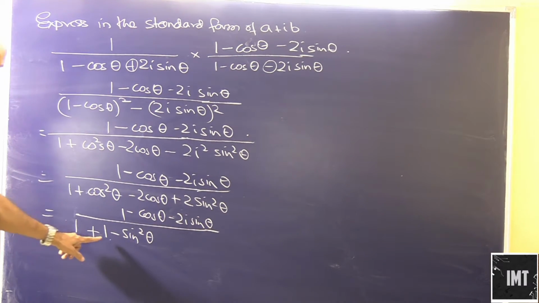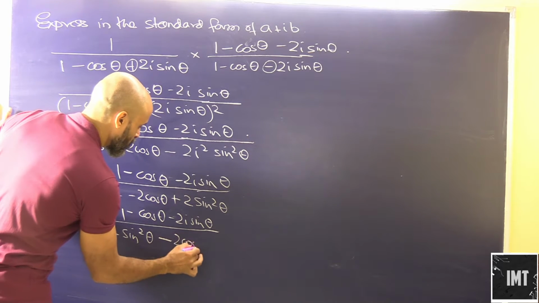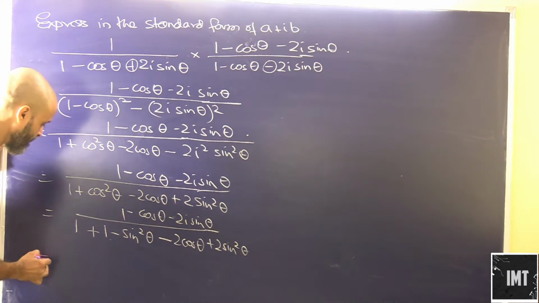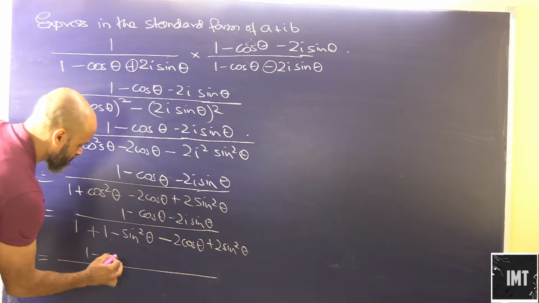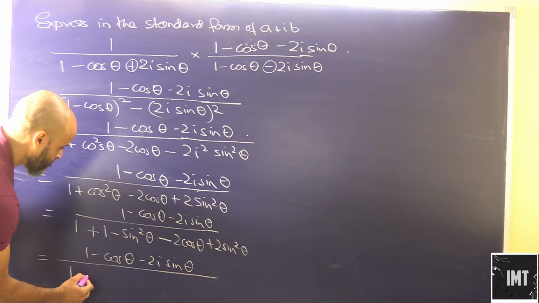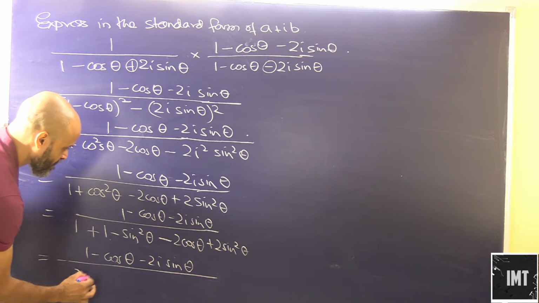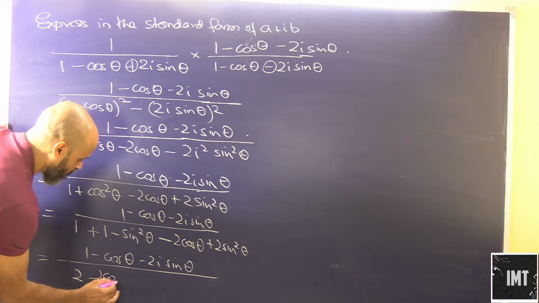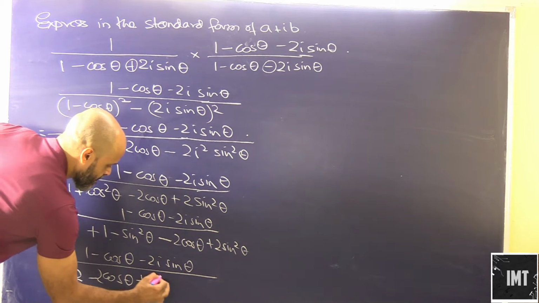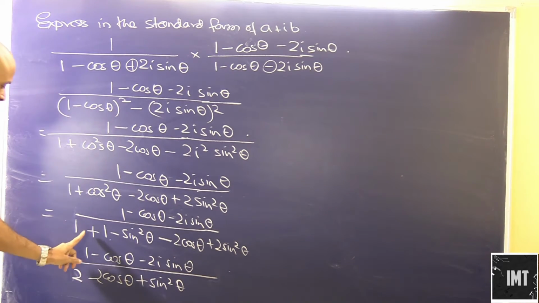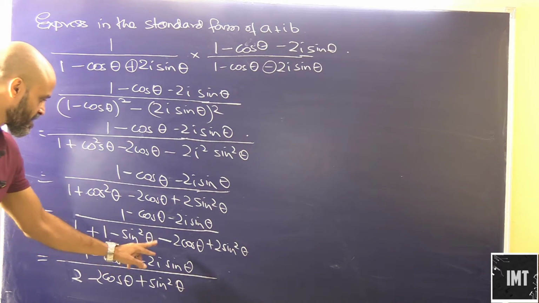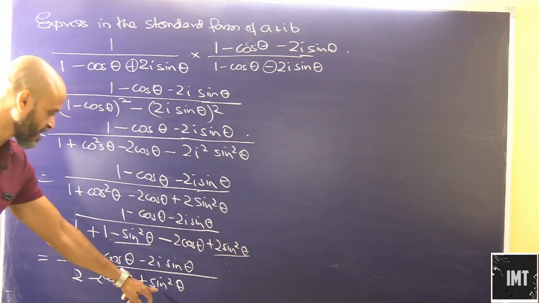Okay, so here we have 1 plus 1 minus sin square theta minus 2 cos theta plus 2 sin square theta. So this is going to be 1 minus cos theta minus 2i sin theta. This will be 1 plus 1, there is 2 minus 2 cos theta, and minus sin square theta plus 2 sin square theta gives you sin square theta.